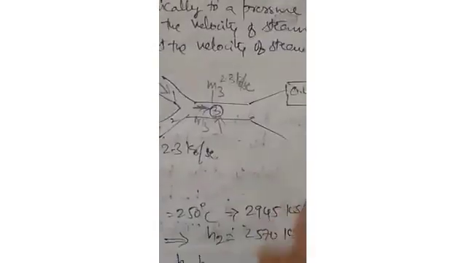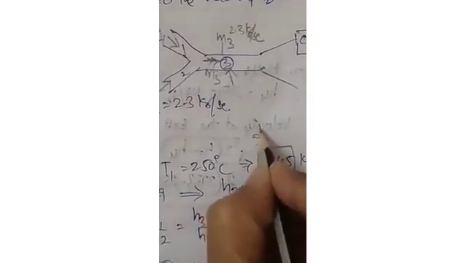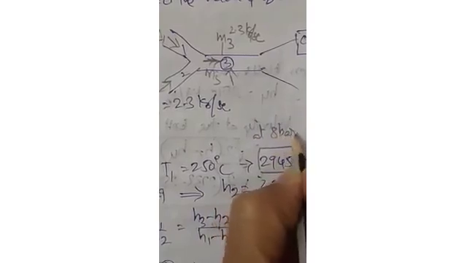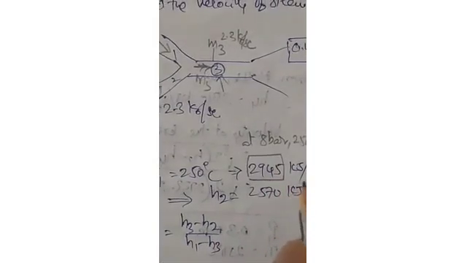The enthalpy at this point is 2945. So at 8 bar and 250 degrees centigrade, this is the incoming stream at pipe 1. It is coming with a 2945 kilojoules per kg enthalpy.